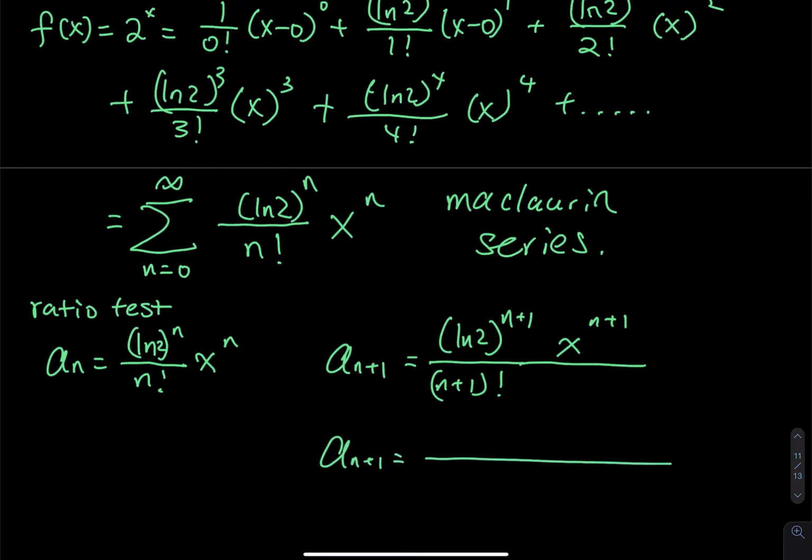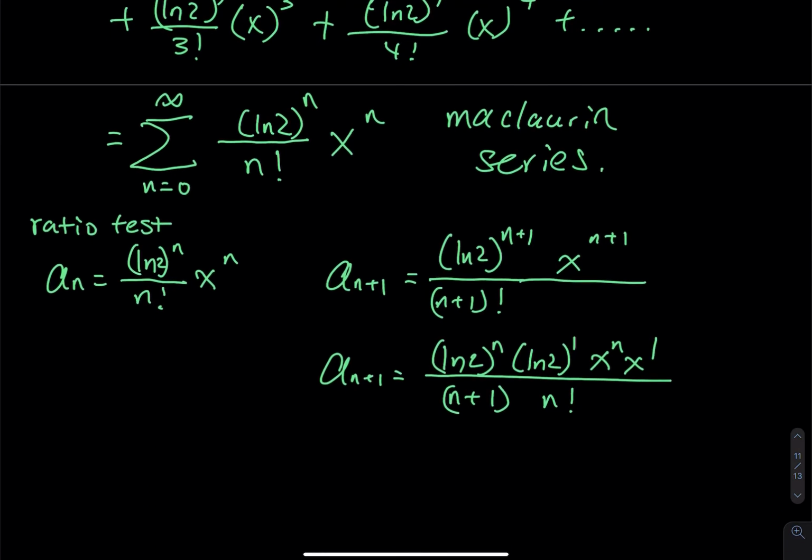That is equal to ln2 raised to the n, and then ln2 to the first, x to the n, x to the first, and then n plus 1 factorial. No, we don't do factorial in there. N times 1, n plus 1, and then times n factorial, because we want to do a cancellation. And then we do a limit as n approaches infinity. We have a(n+1) divided by a(n).